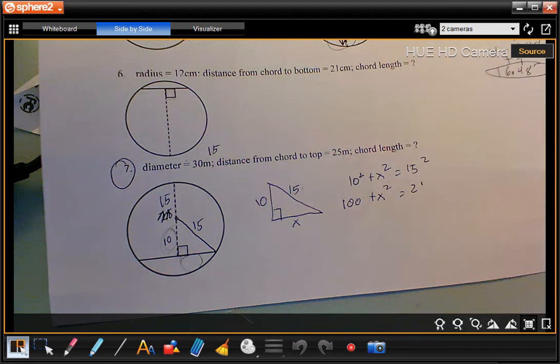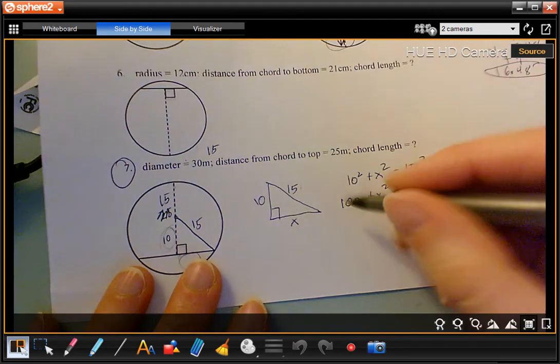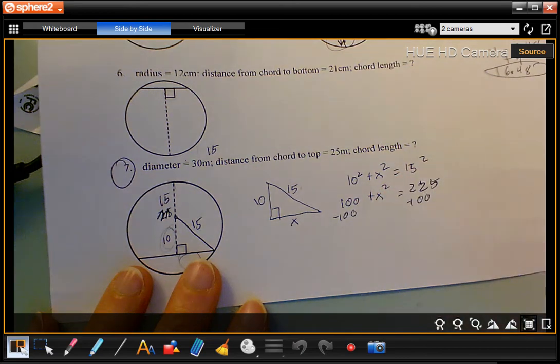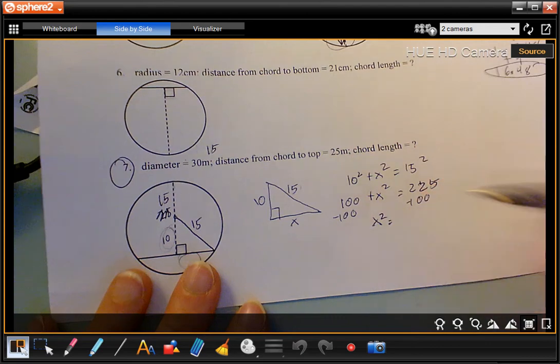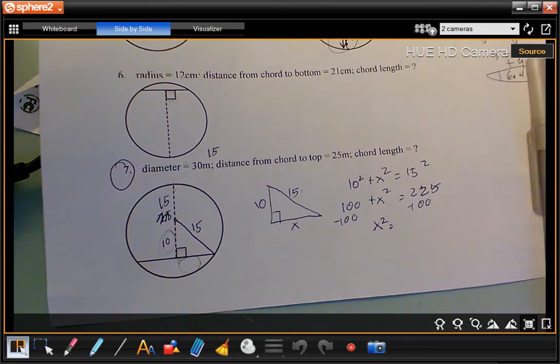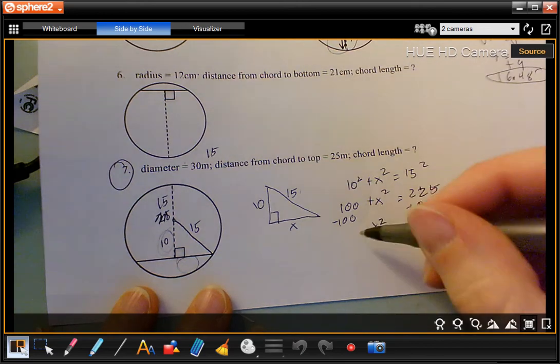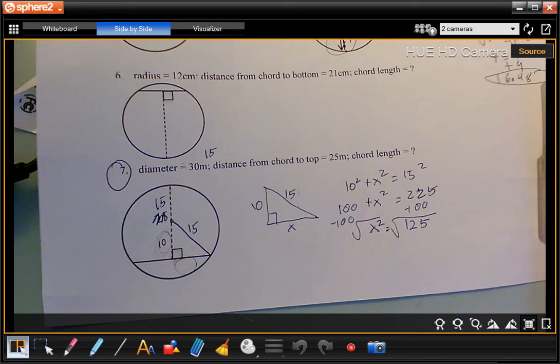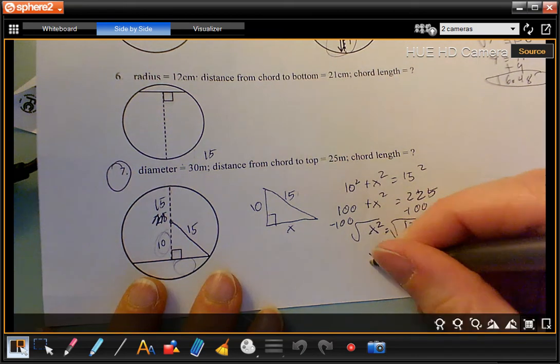Yep, 225. We subtract 100 from each side. And we get x squared equals 125. Then we're going to take the square root of both sides. And we get 11.18.